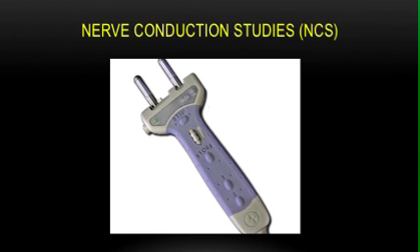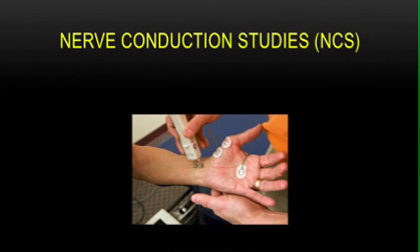So let's start with nerve conduction studies. This is your basic stimulator probe that we use to stimulate the nerve. And as you can see, the electrodes are attached. The nerve is stimulated. They get different levels of electrical stimulation, which can be a little bit uncomfortable at times.